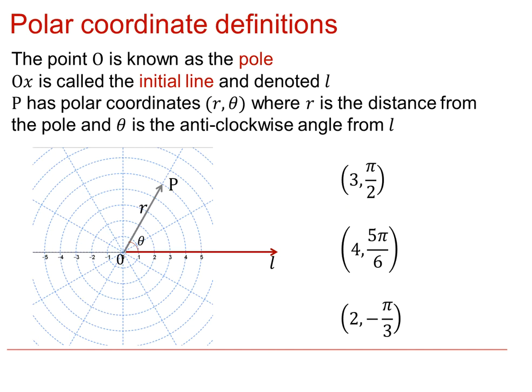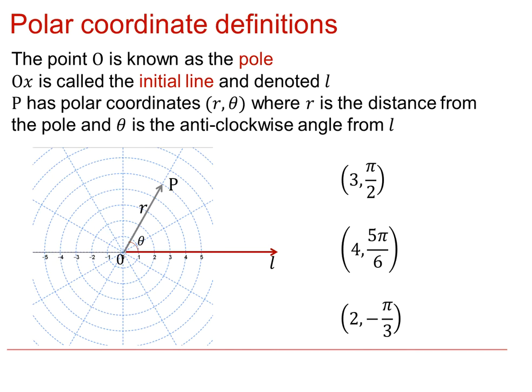So let's try plotting these points on this grid, which, unlike the squares on an xy or Cartesian grid, shows circles of increasing radius and lines to show increasing angle. The scale, of course, will depend on whoever's drawing the grid.